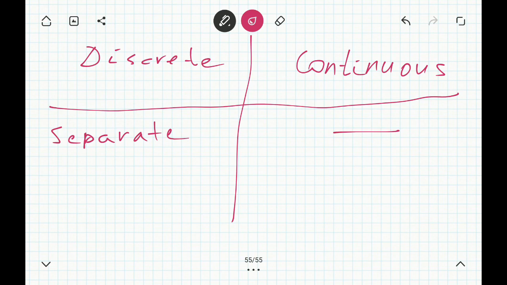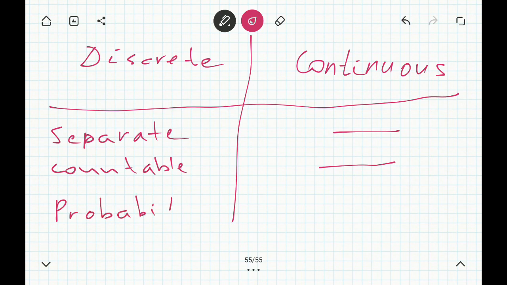For discrete distributions, the number of outcomes is countable, and for continuous, again, it's not the case. For discrete distributions, you have a probability for each outcome. For continuous distributions, you have probability only for intervals. And for separate outcomes, well, for the unique outcomes, you have density.